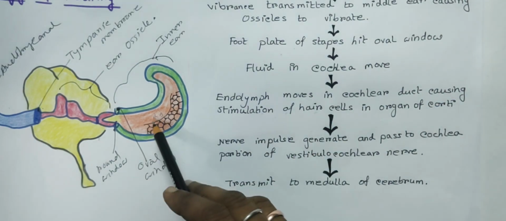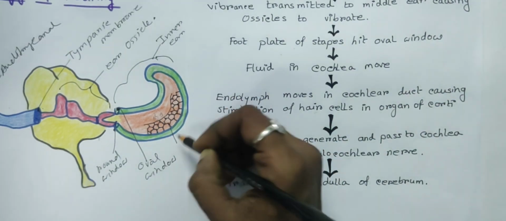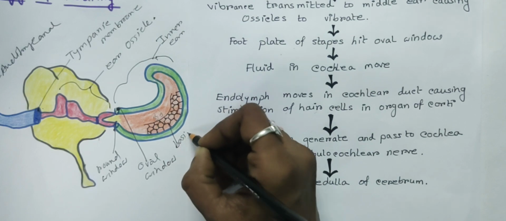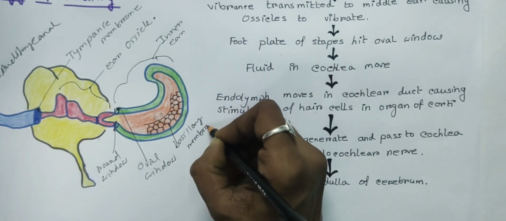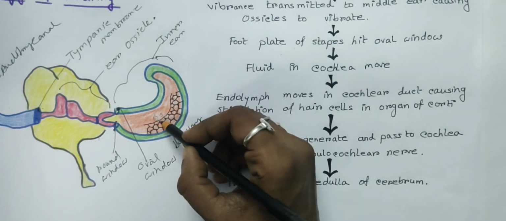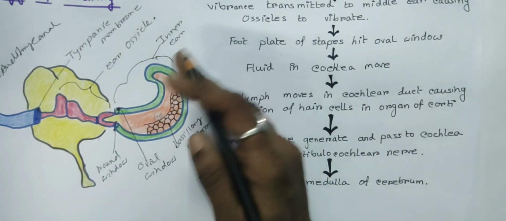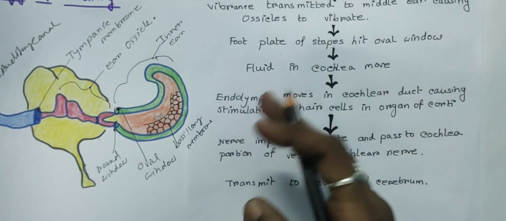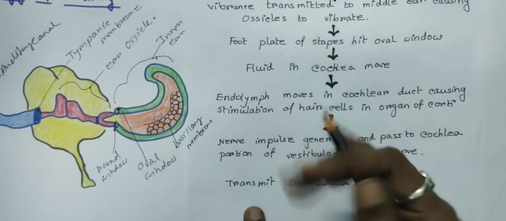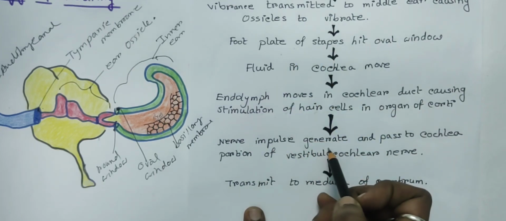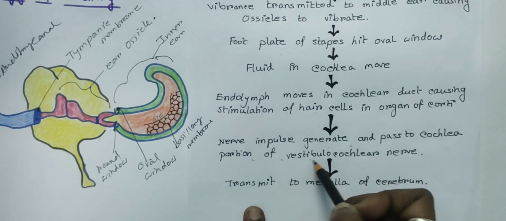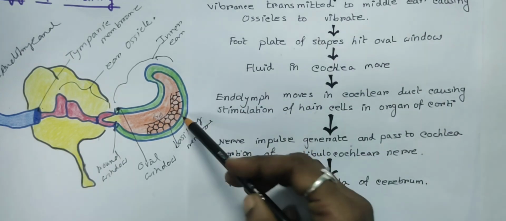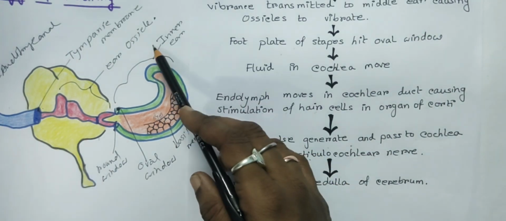So here above the basilar membrane, this is the basilar membrane. From the basilar membrane the impulse comes to the hair cells and the hair cells start shaking their cilia. Nerve impulse is generated and passes from the cochlear portion to the vestibulocochlear nerve.